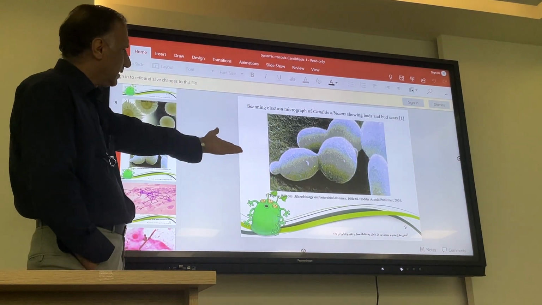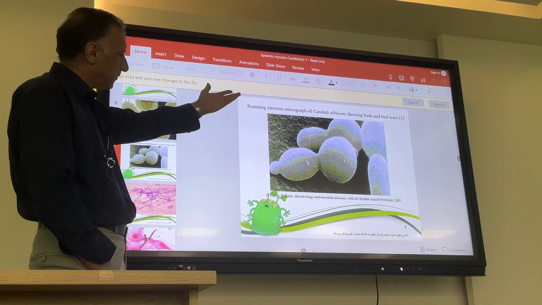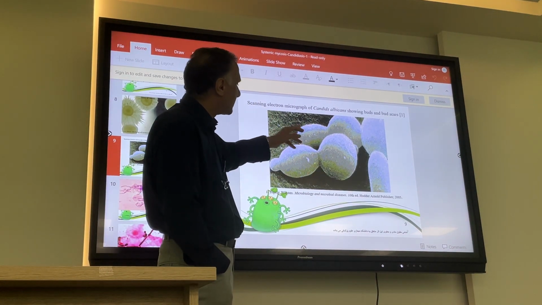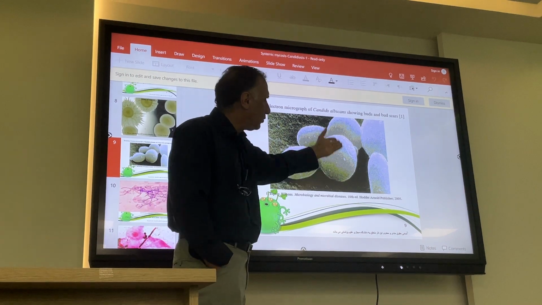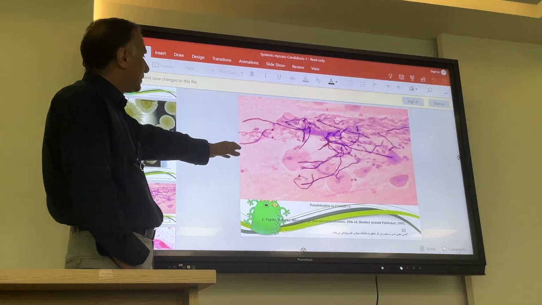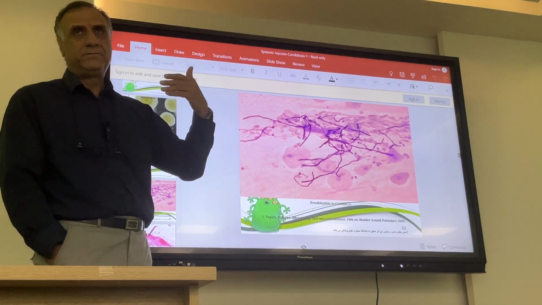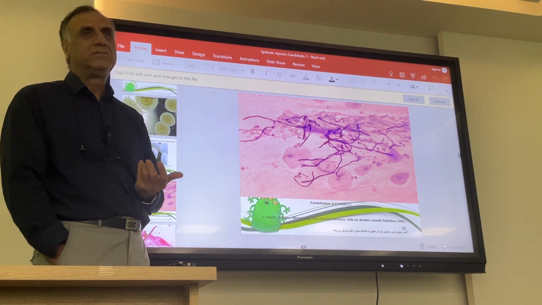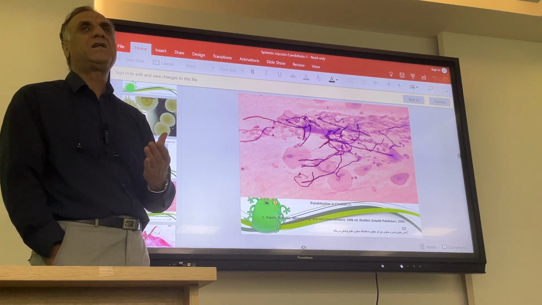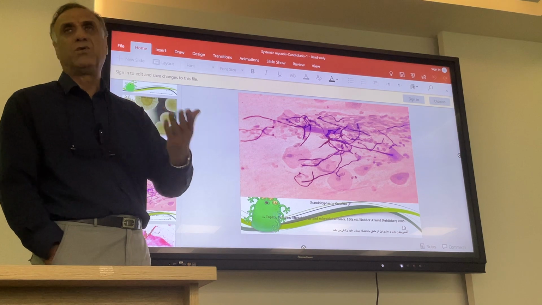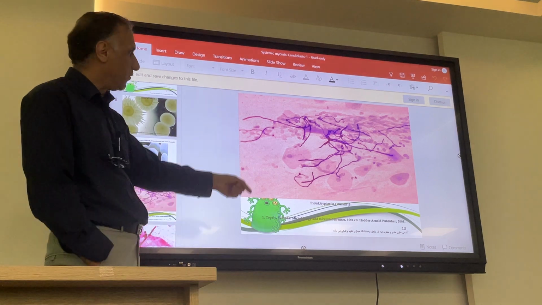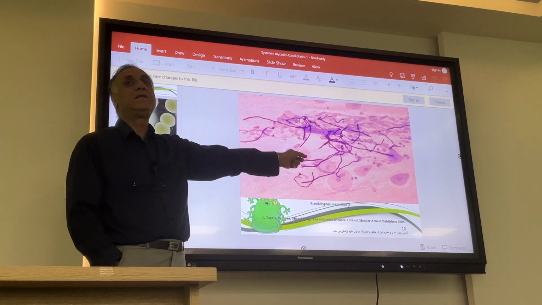This is the aspect of a yeast such as Candida. It has a body, and it has budding that leads to pseudohyphae. As I told you before, when you find pseudohyphae and pseudomycelium in tissue material of a patient, the infection involves the organ, the tissue. We can decide for candidiasis.